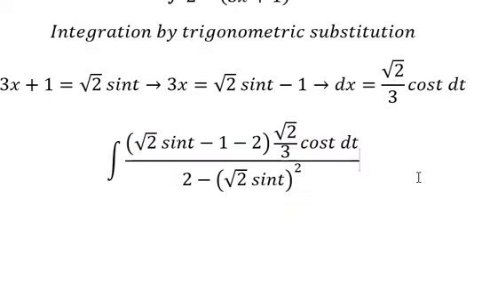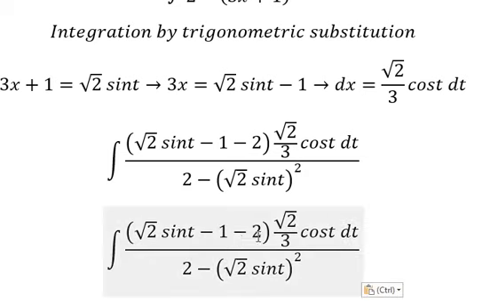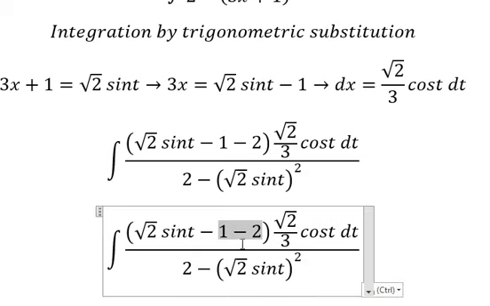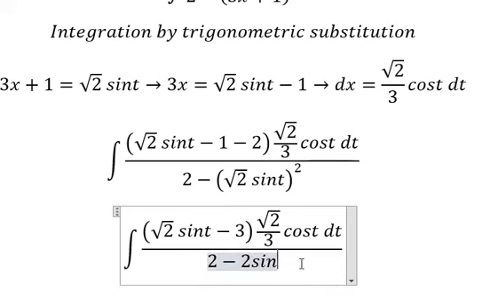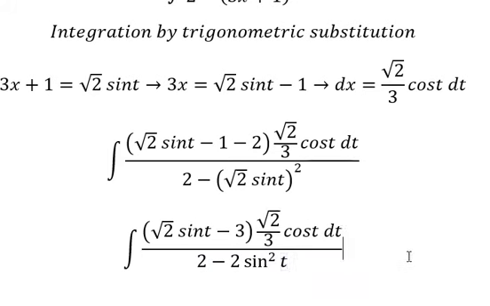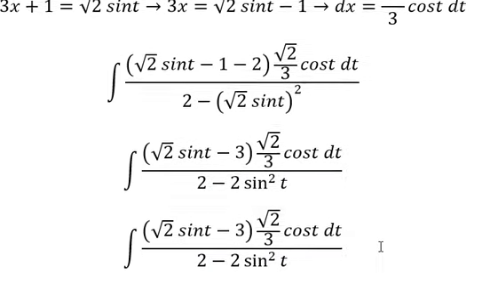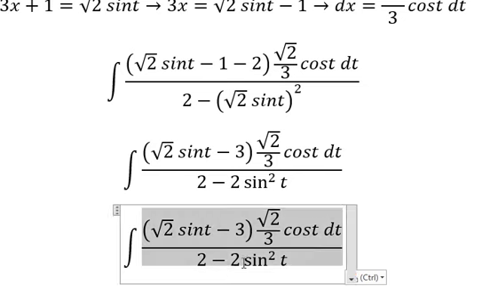Now we need to simplify. This one is about negative number 3. This one we have 2 sine t squared. Number 2, we can do factorization.